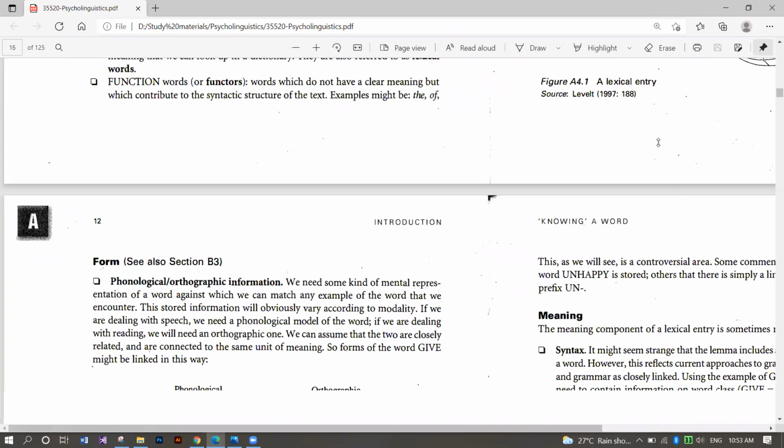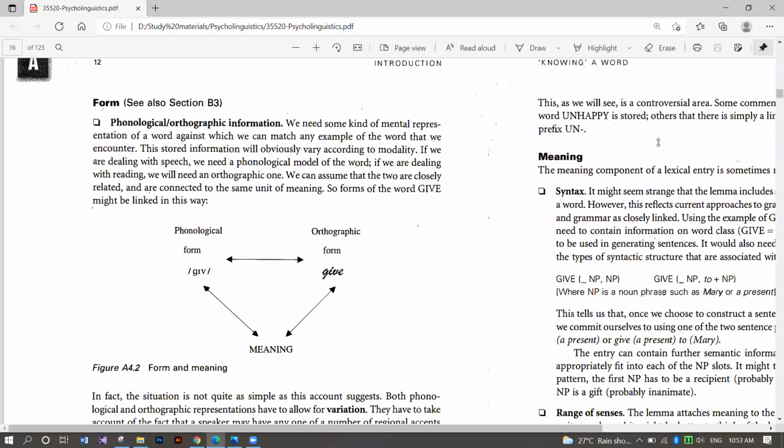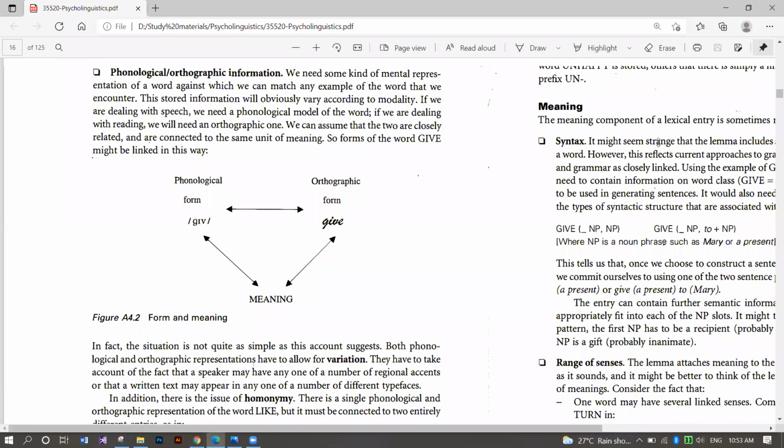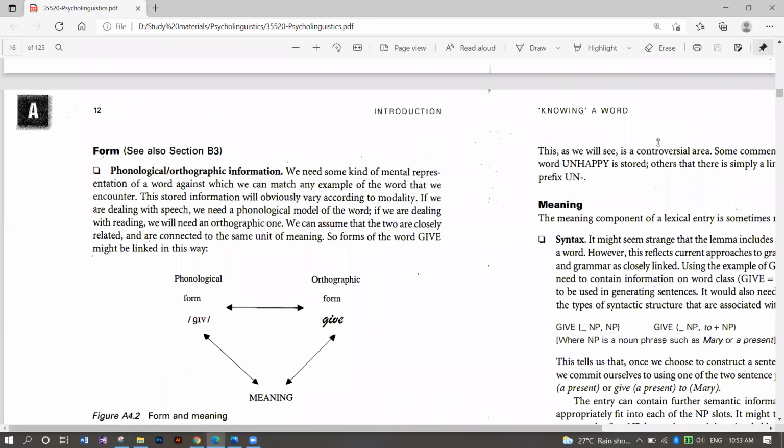Okay, so form, as we talked about form, so we have phonological and orthographic information in form, plus we have morphological information in form. So first let's study the phonological and orthographic information. We need some kind of mental representation of a word against which we can match an example of the word that we encounter.